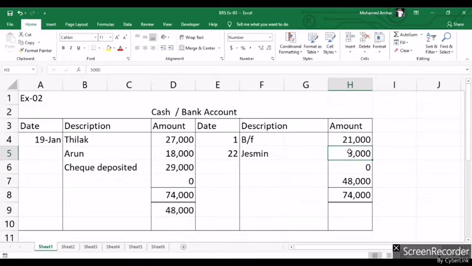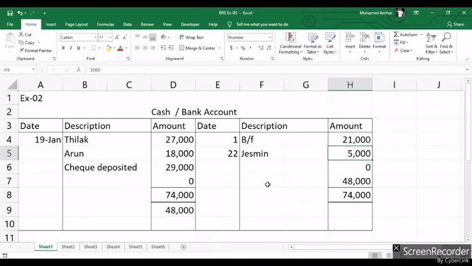In the credit side only 21,500 are there, but in the debit side 27,000, 18,000 and 29,000 are there, so the total is 74,000. Get the total on the credit side, and from this total deduct the 21,000 and 5,000.